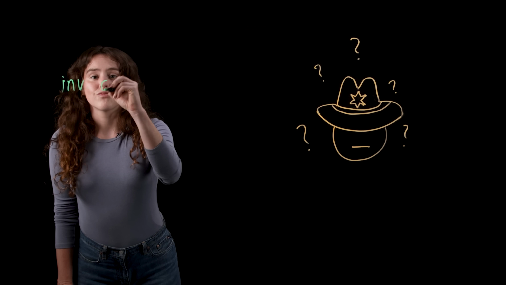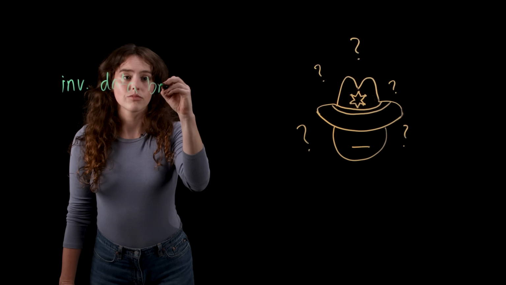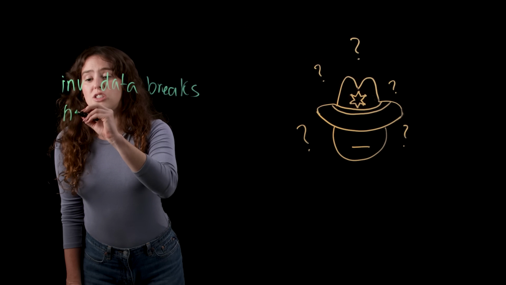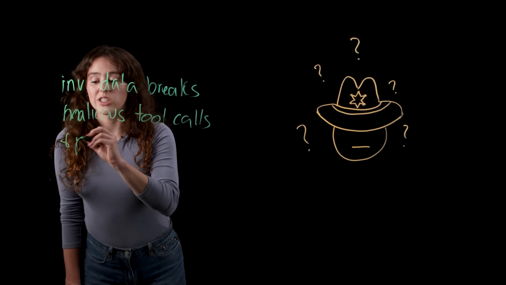A confused deputy is when an agent with completely legitimate authority is tricked into using that authority for a request that shouldn't have it. And this can lead to invisible data breaches, malicious tool calls, and prompt injection.